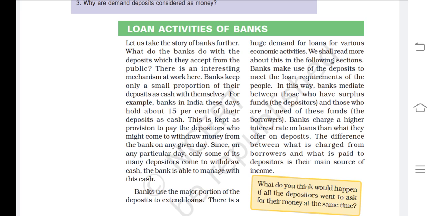The difference between what is charged from the borrowers and what is paid to depositors is the main source of income. So these are the loan activities of banks, and how a bank handles them.